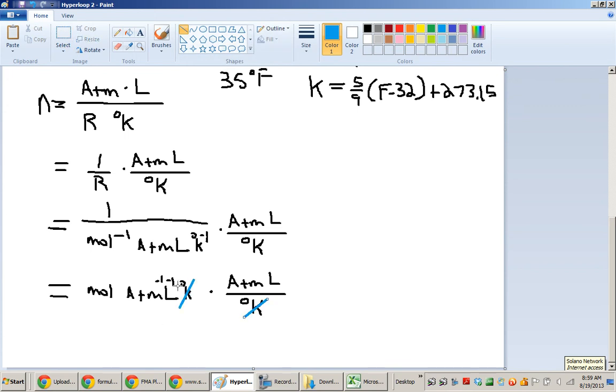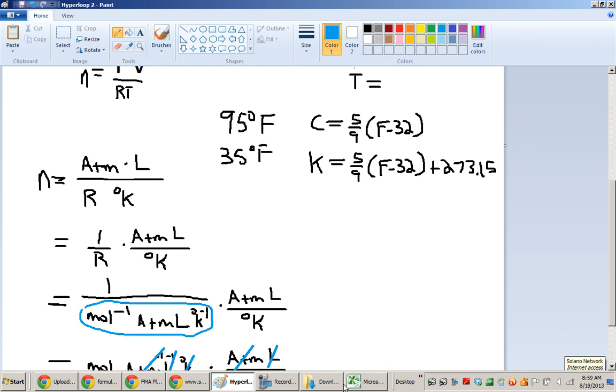Kelvin cancels, liters to the -1 cancels liters, atm to the -1 cancels atm, and I'm left with moles. So actually, this thing on the bottom is the units we need for R.